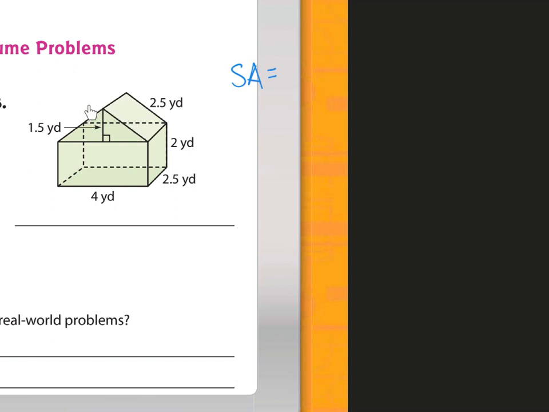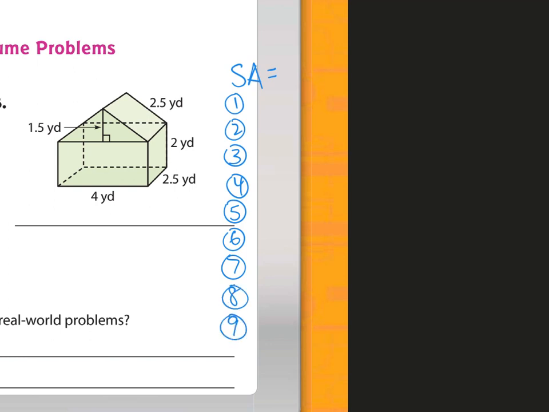The other side, 4. Front, 5. Back, 6. 7. 8. And then 9 on the very bottom. So there are 9 surfaces.